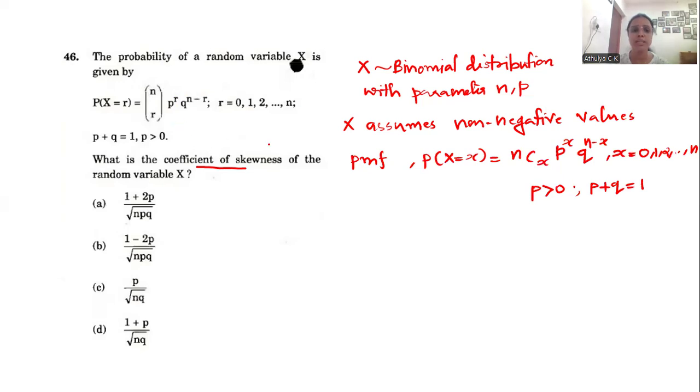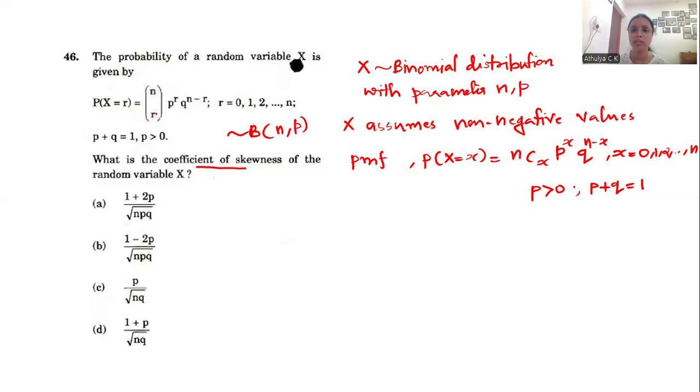When we compare the probability mass function in the question with the binomial probability mass function, we know that these are similar. So we can say that the random variable x in the question follows binomial distribution with the parameters n and p. Here, instead of small x, it is denoted as r.